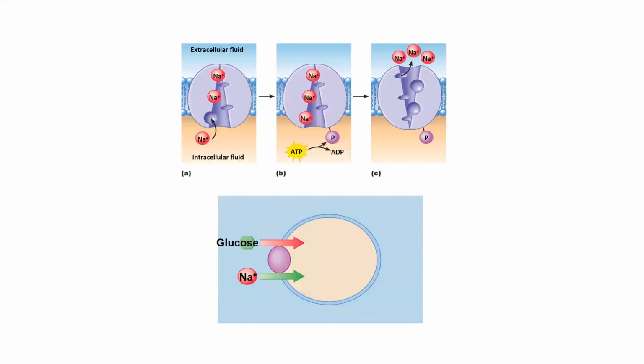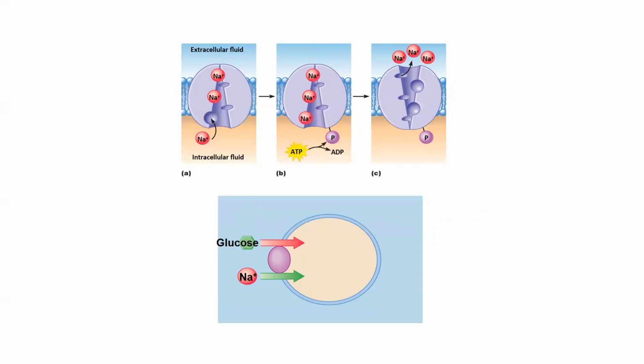So this slide is just to remind us of the various types of transport. So on the top, this is a mechanism, active transport. So this would be what type of active transport on top? We're using ATP. What type of active transport is this? Primary, good. Primary active transport.